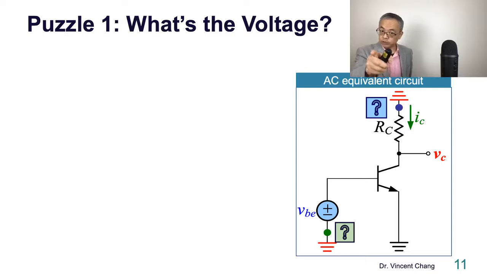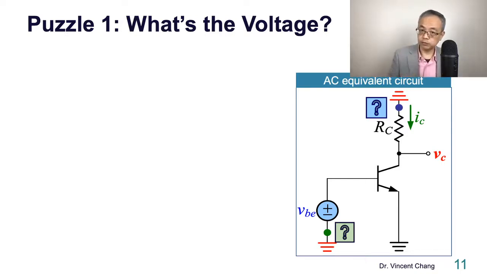Same thing with the blue node. What's the blue node voltage? You have to ask me back, sir, what kind of voltage are you referring to? I'm referring to DC. Then your answer should be VCC.